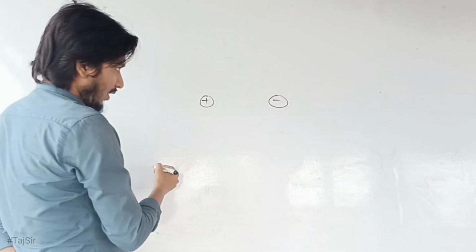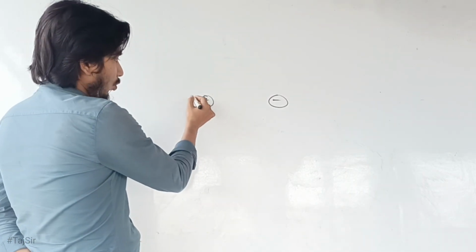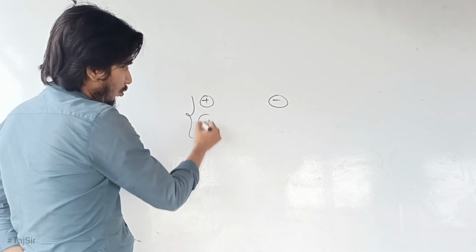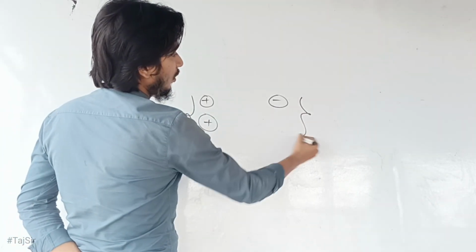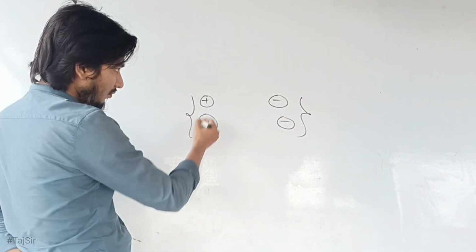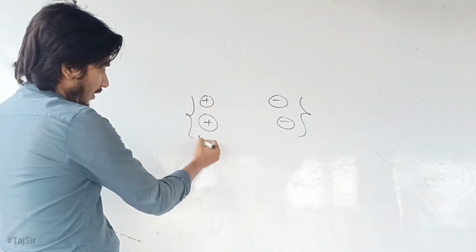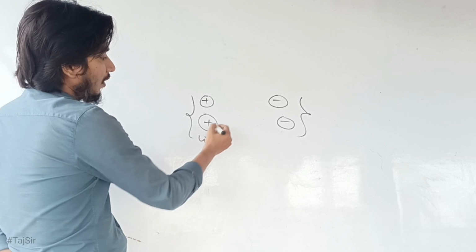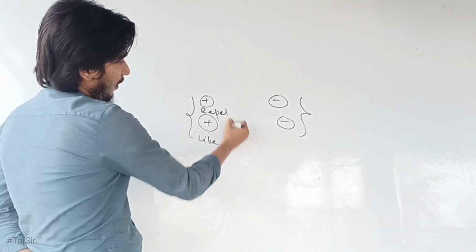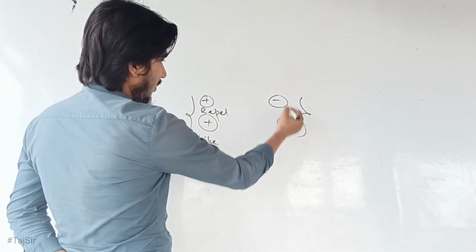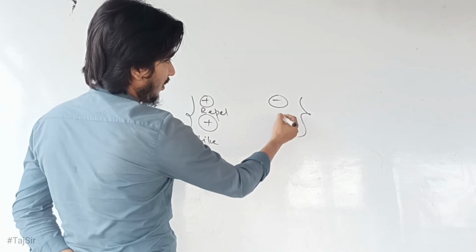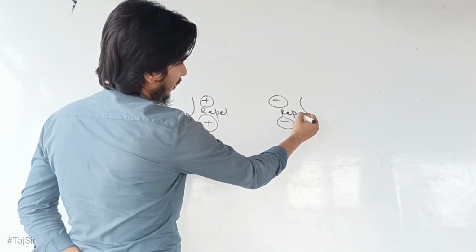Now in nature there are two types of charges, as we have already discussed, positive charge and negative charge. And we know that if there are two positive charges or two negative charges, then these charges, that is like charges, repel each other. Similarly, if two negative charges are together, they will also repel each other.